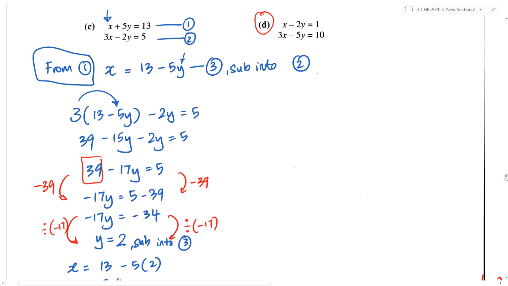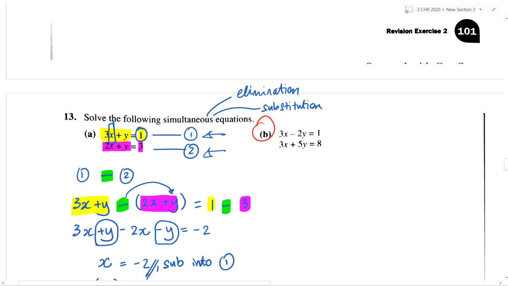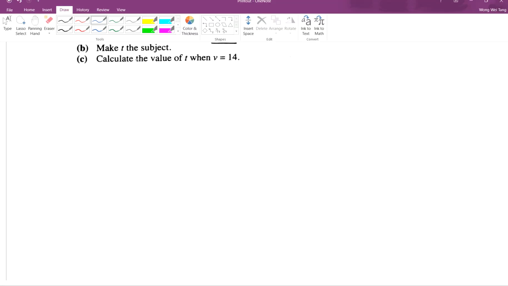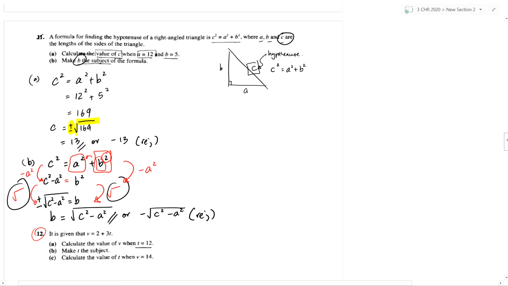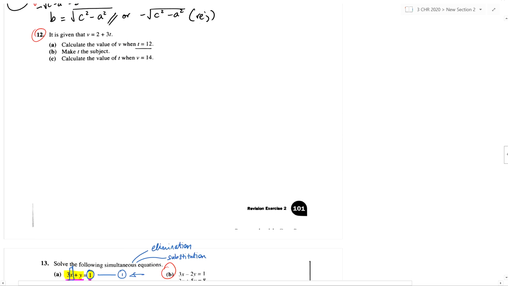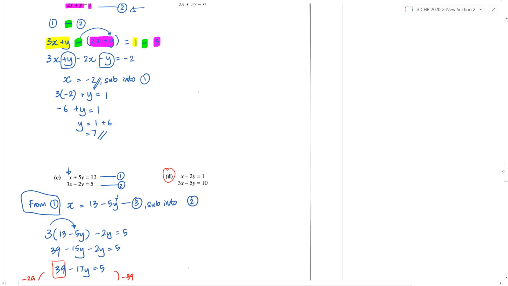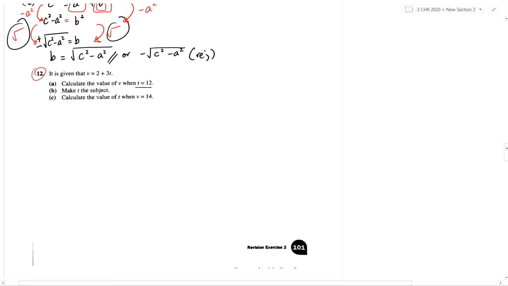So your job is to finish part D as well. So I repeat, make sure you have all these completed. Take a picture of question 11, 12, and 13, A, B, C, D. Circled questions in red are to be attempted by you.